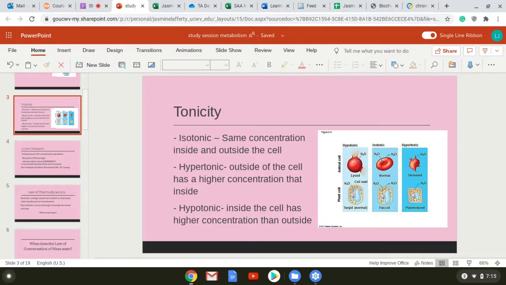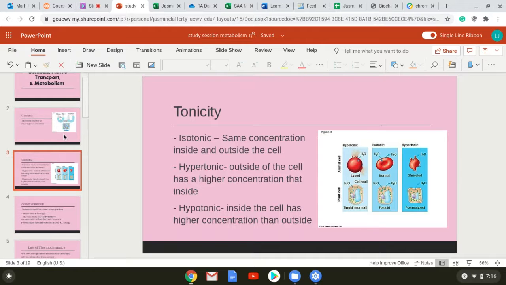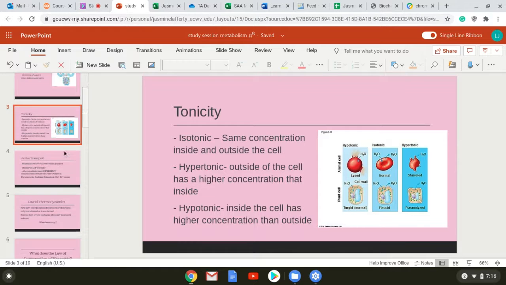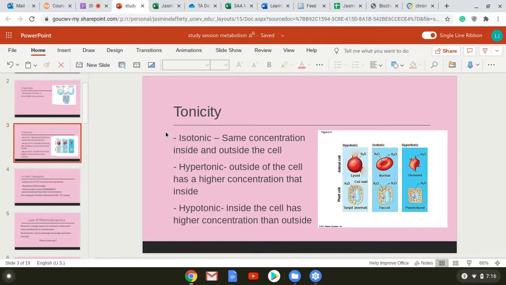It can only take so much from the environment because like a basketball or a cell is that size for a reason. It's not just that it decided to be that. There's a reason why it's that size and why it has that concentration. Okay? Any questions on osmosis or tonicity? Because I know those are kind of confusing topics if you've never seen them before.